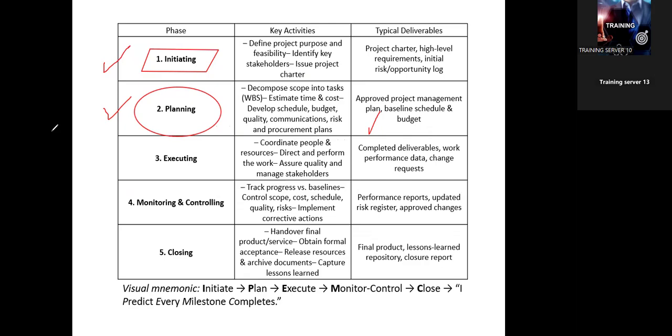If we continue further, now we are going to the execution. Executing is very important. We are working on that phase in order to gain the work and in order to achieve our work.